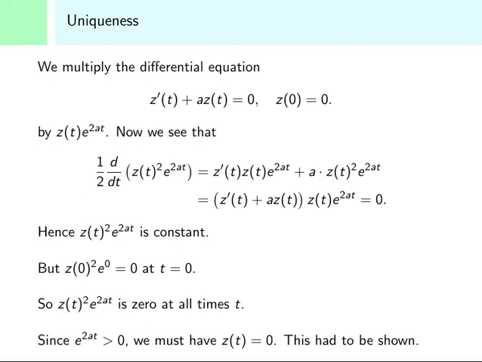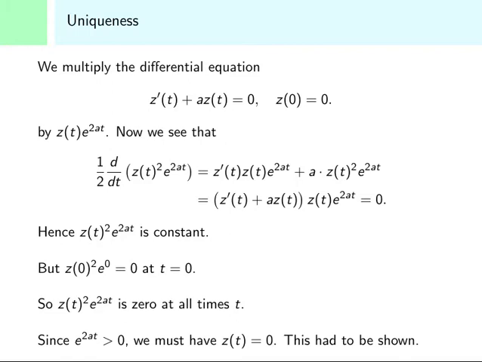With that, we make the following observation. 1/2 of the time derivative of z of t squared times the exponential of 2at equals z prime of t times z of t times exponential 2at plus a times z of t squared times exponential of 2at. In taking the derivative, we just apply Leibniz rule. We just apply the derivative over the two factors.